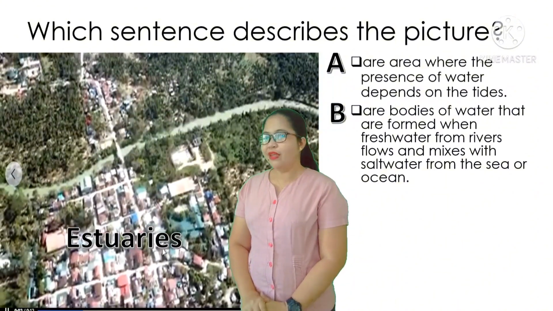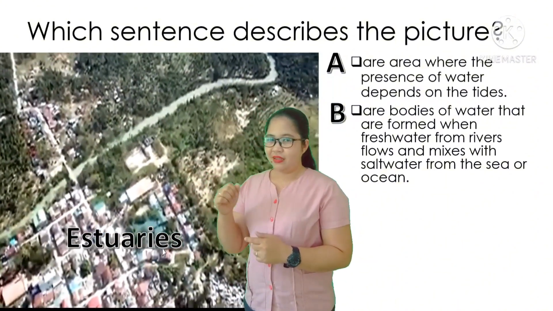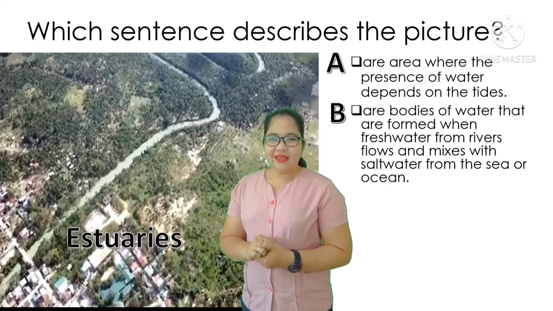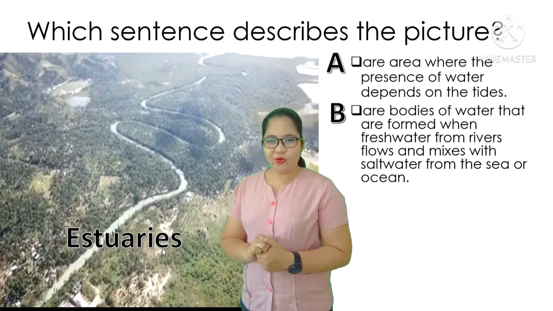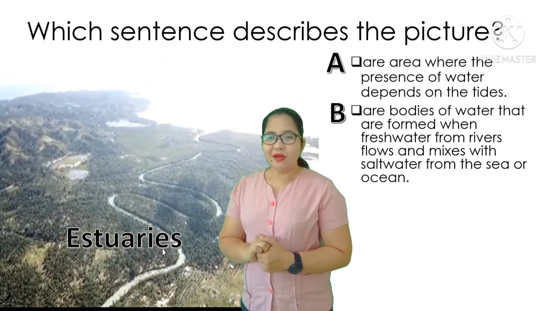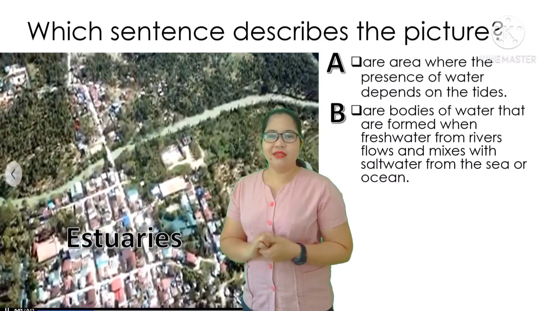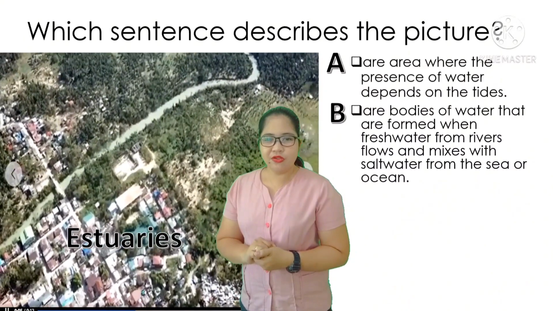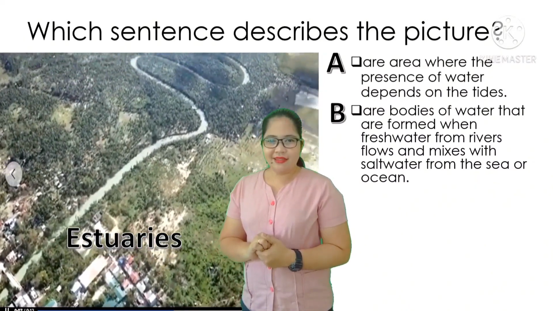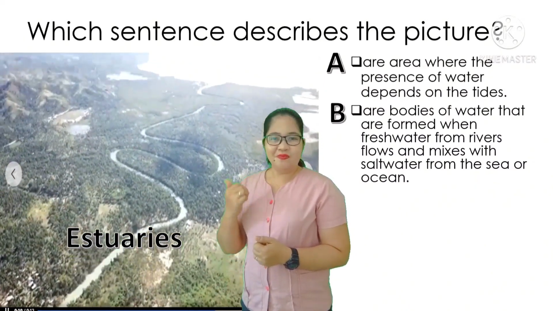Next, how about this picture? This is an example of estuaries, the Buena Vista Quezon estuaries. Look at this. Which sentence describes this picture?